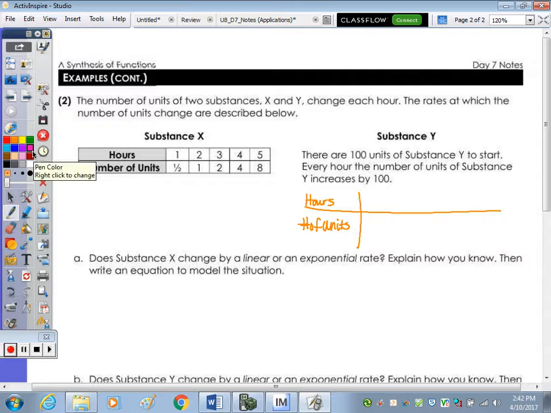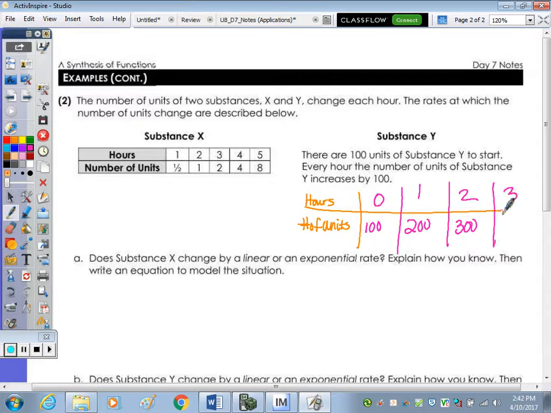So there are 100 units of the substance to start. So at 0 hours, we have 100. And then it says every hour, the number of units increases by 100. So for hour 1, how many units of the substance do we have? 200. Good. And then hour 2? 300.